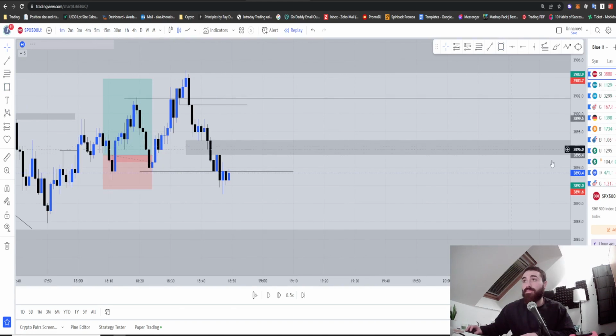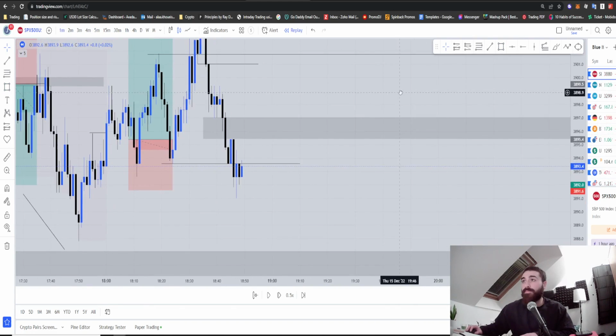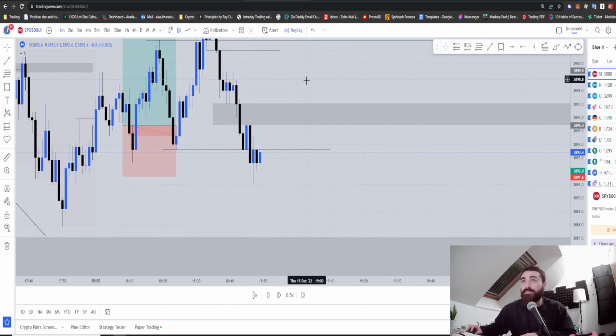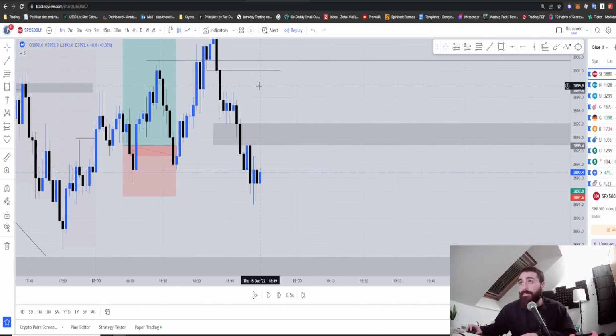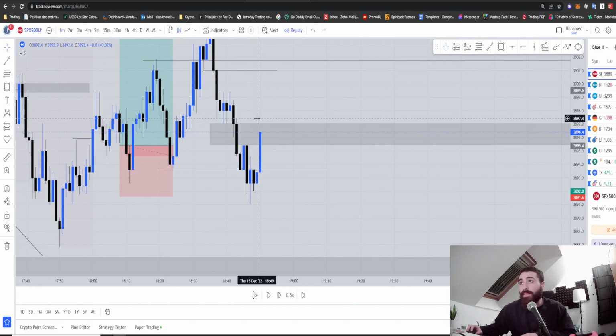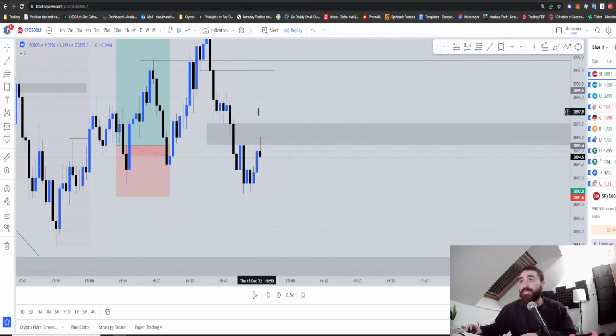I went down to the 1 minute time frame, and I can see that there is also here a small fair value gap. Whoop, the price goes right into it. So confirmation from the 5 minutes and from the 1 minute. Let's see what happens next.